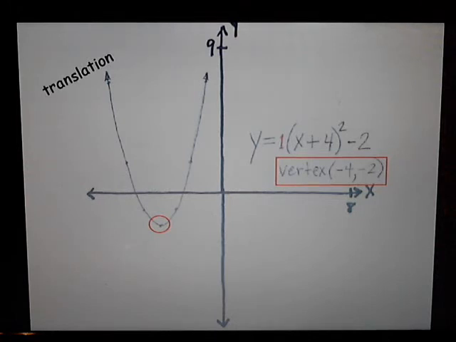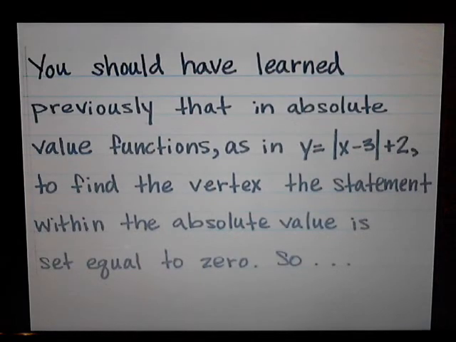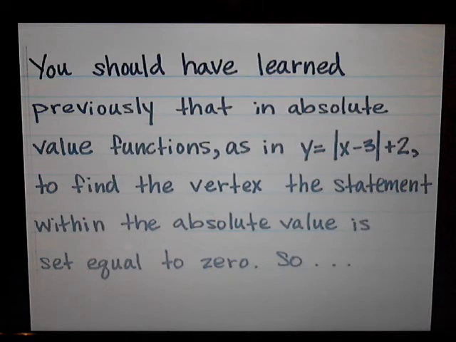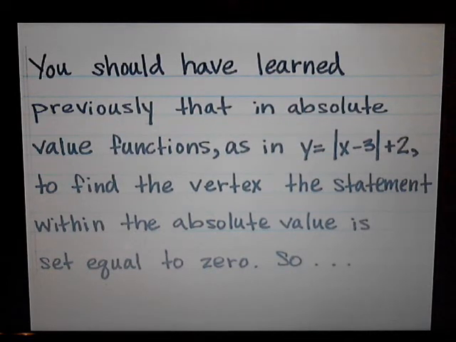That vertex form was very important, so I hope that you run back or pause it and pull it back and make sure that you get that down. You should have learned previously, in algebra 1, that in absolute value functions, as in y equals the absolute value of x minus 3 plus 2, to find the vertex, the statement within the absolute value is set equal to 0.